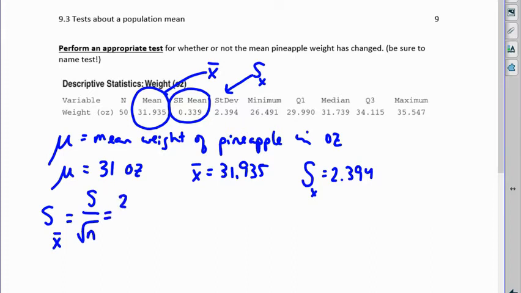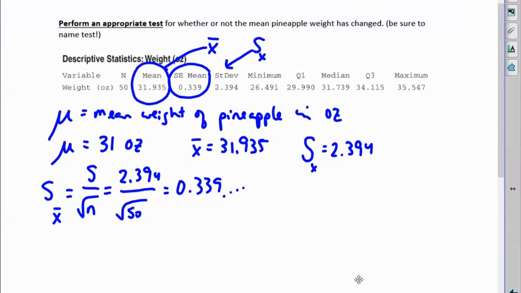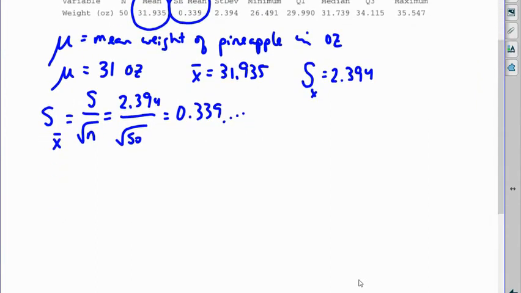If you were to punch this into the calculator, you would get 0.339 and more decimals as well. But because they're giving us output, this is going to be adequate enough for our purposes. And they're pretty generous with rounding errors in general. But I'm going to put that in.